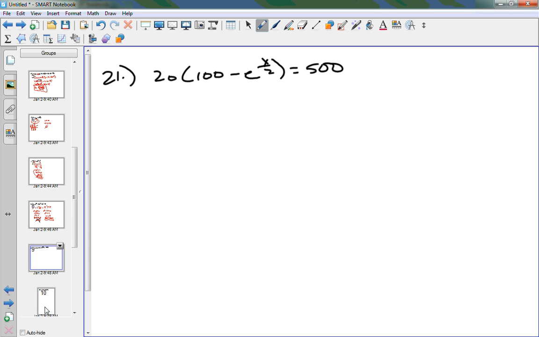Now, I'm left with 100 is minus e to the x over 2. What do I do? Subtract 100. Which means now I'm left with negative e to the x over 2. What do I do? Divide by negative 1. Then what would you do next? I take the natural log of both sides because I'm left with e to the x over 2.